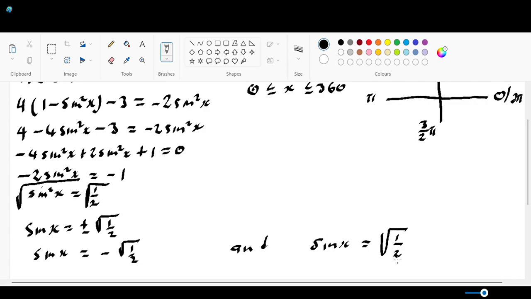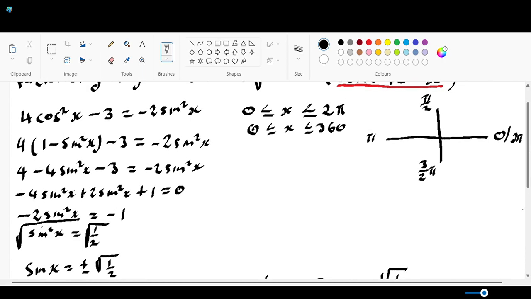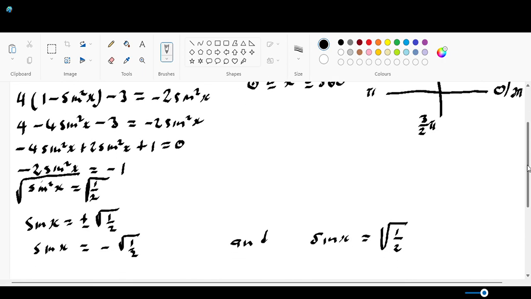So this is what we have, meaning now we need to find our answers in the first and second quadrants when sine is positive, and in the third and fourth quadrants when sine is negative. So as you can see, for this one sine is negative, meaning we need to find the answer here when it's negative, and then we also need to find the answer here when it's positive.